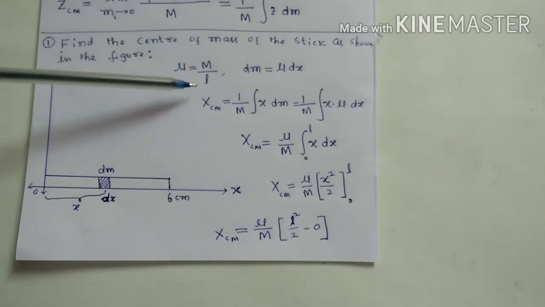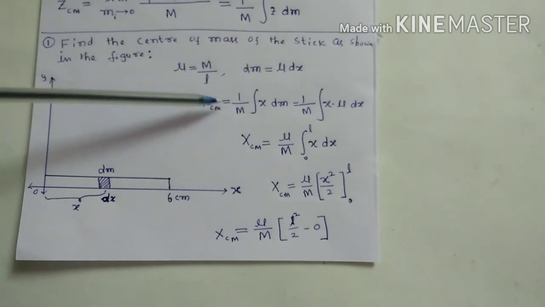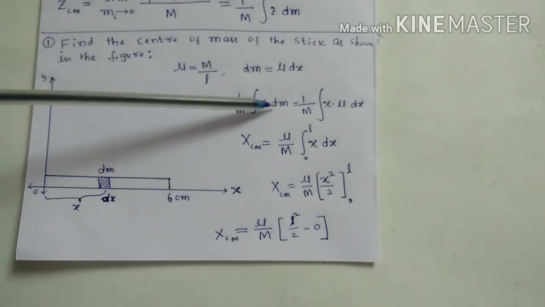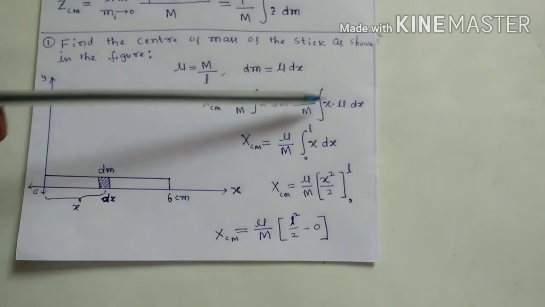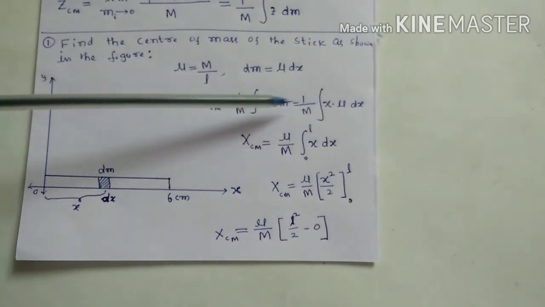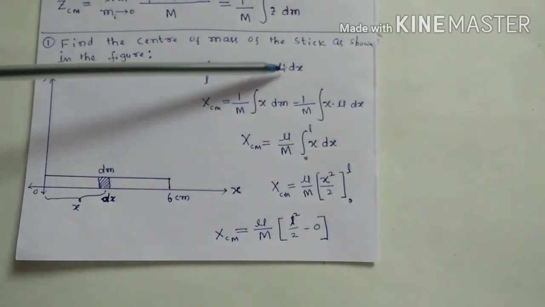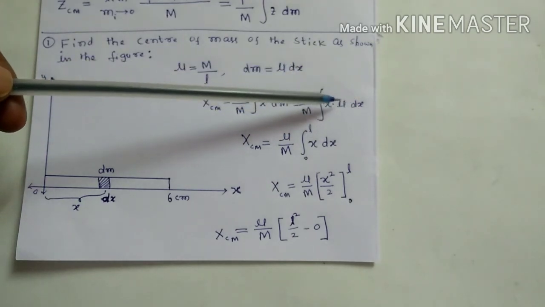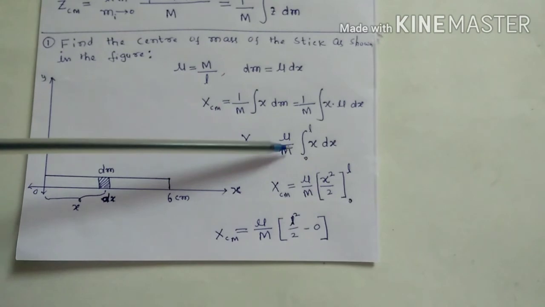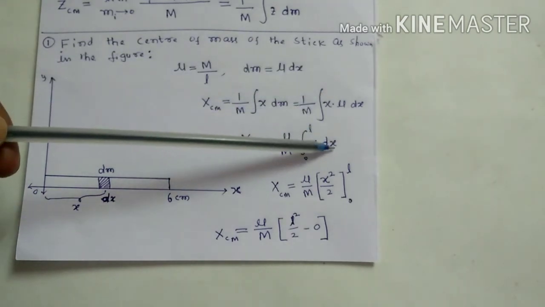Okay. Now x coordinate of center of mass is equal to 1 by m integration of x dm. This formula I told you. 1 by m, I am writing integration of x dm, equal to mu dx. Mu is a constant, you take out mu by capital M, integration of x dx.